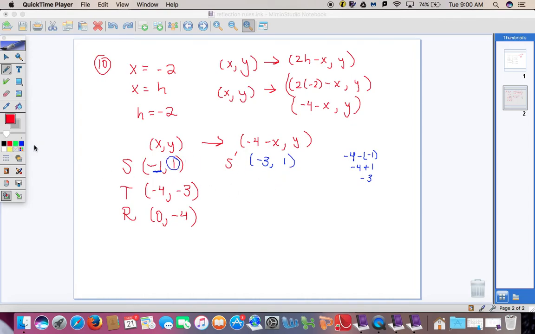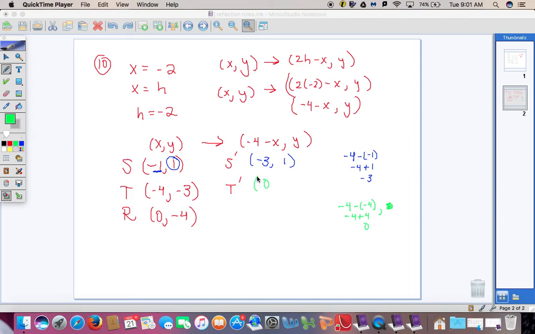Okay, T prime is, we're going to use the rule here of -4 minus a negative 4. Negative 4 minus a negative 4 would be negative 4 plus 4, or 0. So my x value is at 0, and my y value is unchanging.